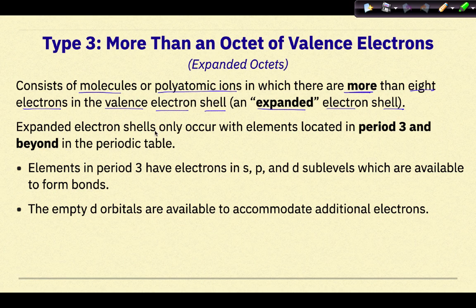Expanded electron shells only occur with elements located in period 3 and beyond in the periodic table. Elements in period 3 have electrons in the s, p, and d sublevels, which are available to form bonds. The empty d orbitals are available to accommodate additional electrons.